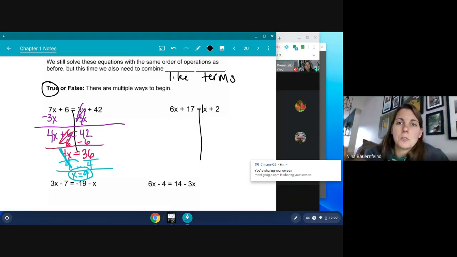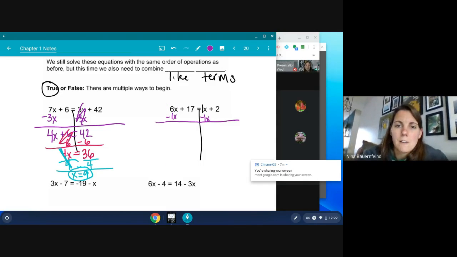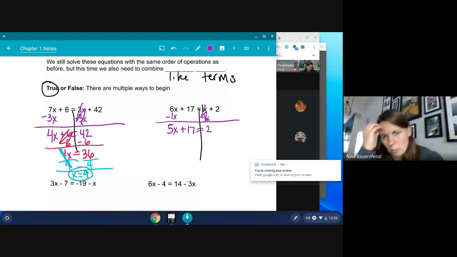So what I would do is the same thing. I would move the smaller one, which is 1x. And again, you've got to line up the x's. 6x minus 1x is 5x. Plus 17, these are gone, equals 2.